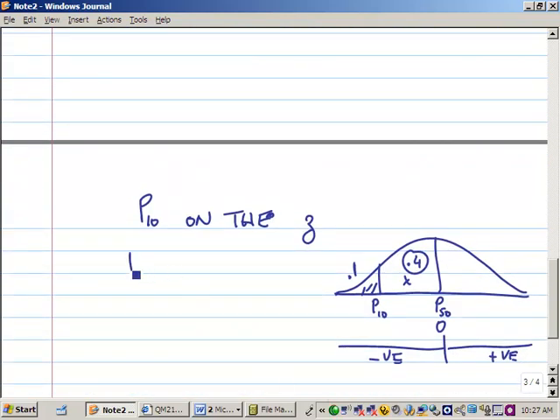But we're on the negative side now, so P10 is negative 1.28, because the probability from 0 to negative 1.28 is 0.4, so the probability of getting less than negative 1.28 is 0.1. Therefore, negative 1.28 is the 10th percentile.